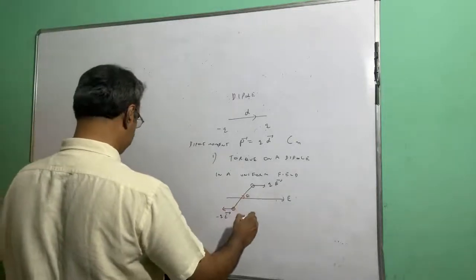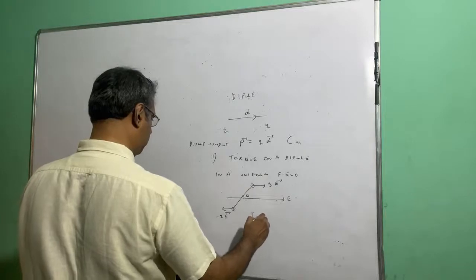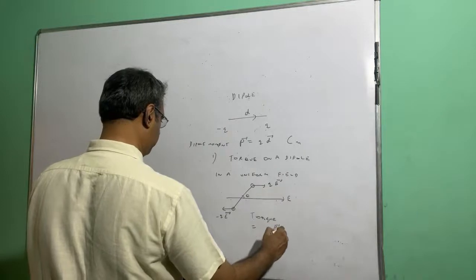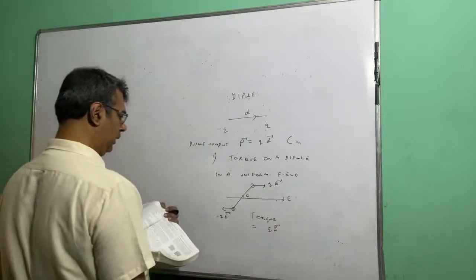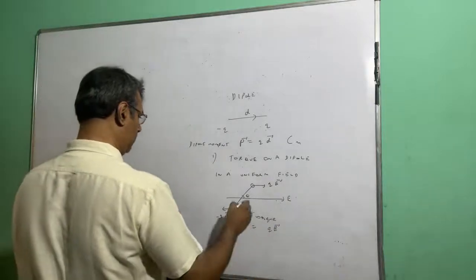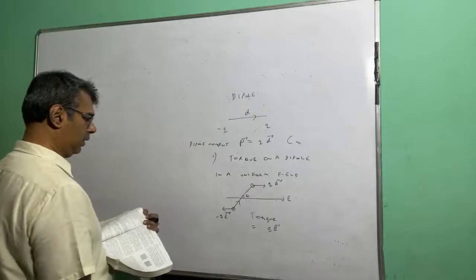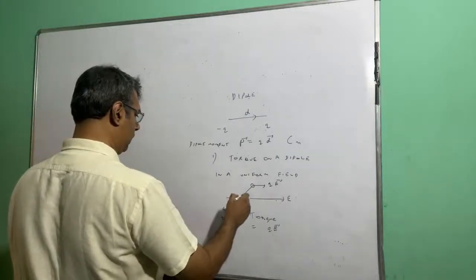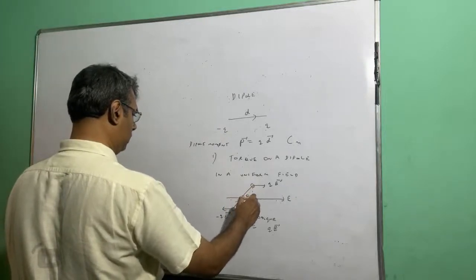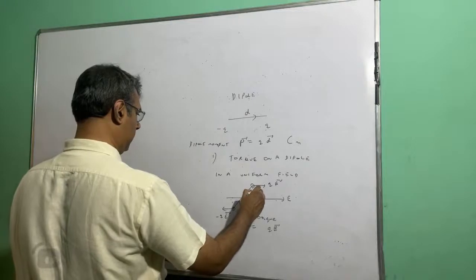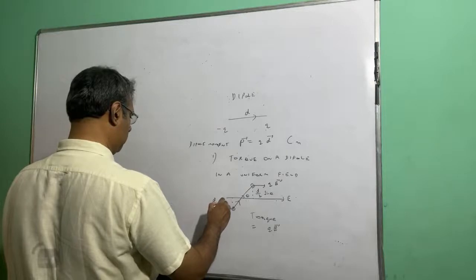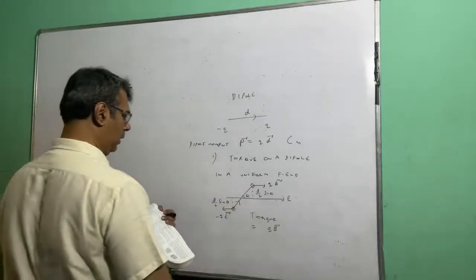Due to these two forces, the torque will be the force qE into the distance. The distance between them is d, so each arm will be d by 2 sine theta.